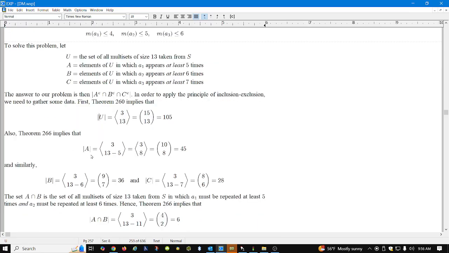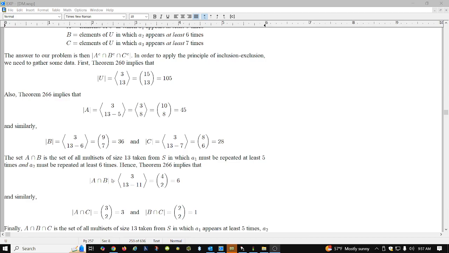Size of A: the set of all multisets of size 13 in which A1 appears at least 5 times. So that's now a lower bound, and so we do our lower bound translation, subtract 5. Same thing for the size of B and the size of C.